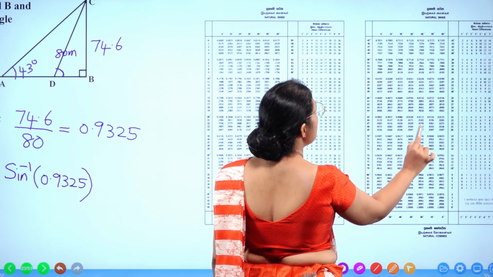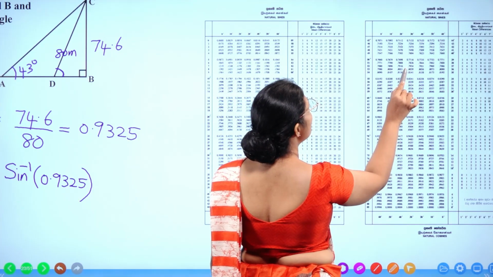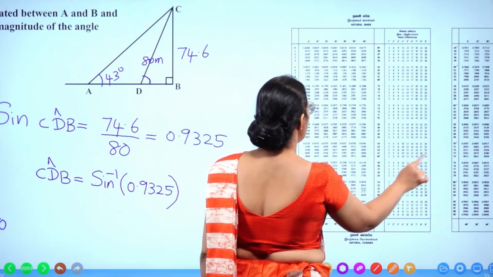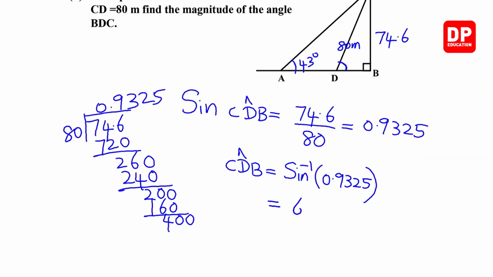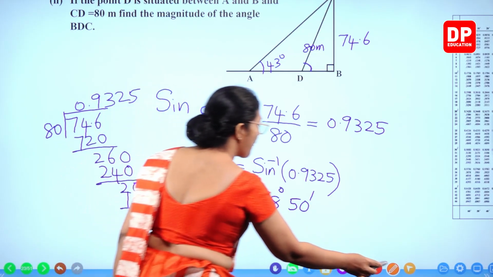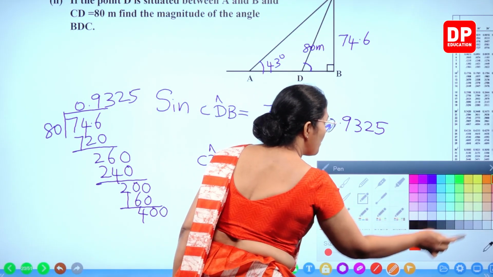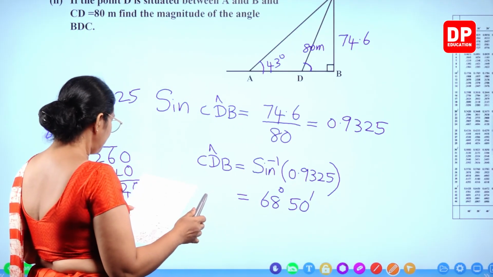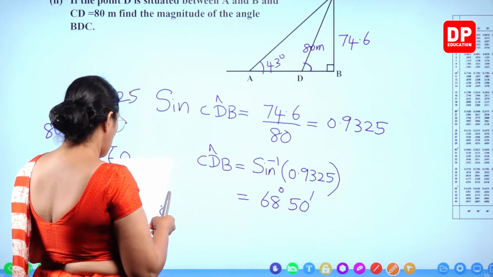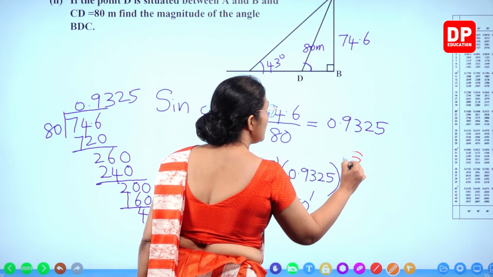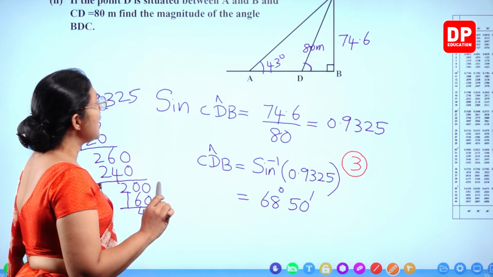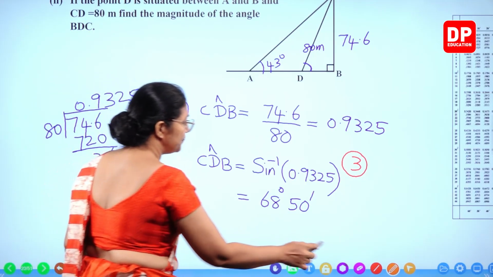So 68 and 50. 68, 50. So you can write this one as 68 degrees and 50 minutes is the angle CDB. So let's see how many marks you are getting. So you are getting 3 marks for that. Finding the angle. So we have given all together 10 marks for that question as well.